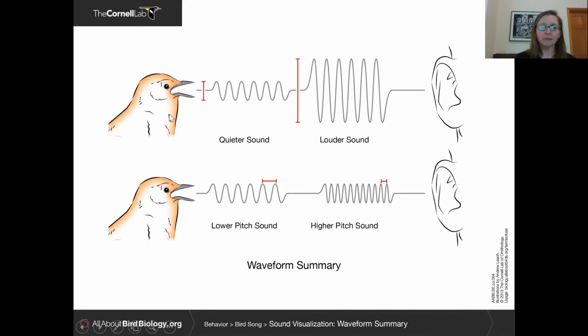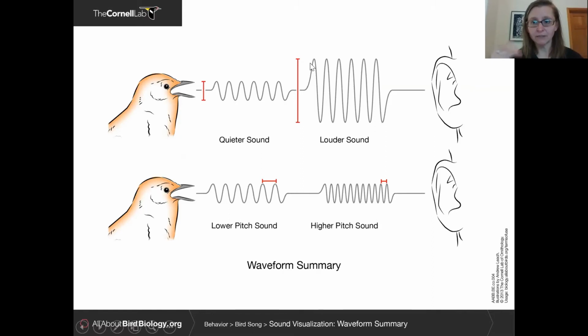So in this upper diagram, what we have is a sound that is of the same pitch. Okay, so both of these sounds, this sound here and this sound here, they're the same pitch. When you measure the distance between the peaks of each one of these waves, it's the same as the distance between the peaks of these waves.